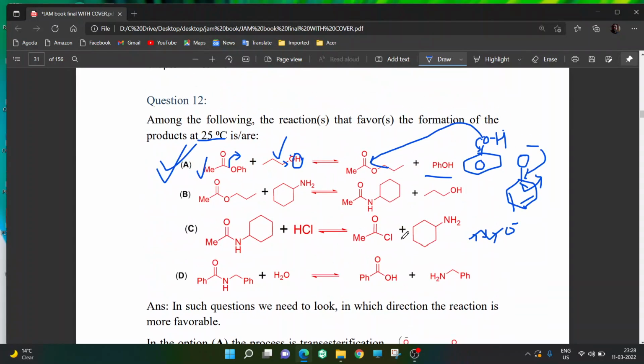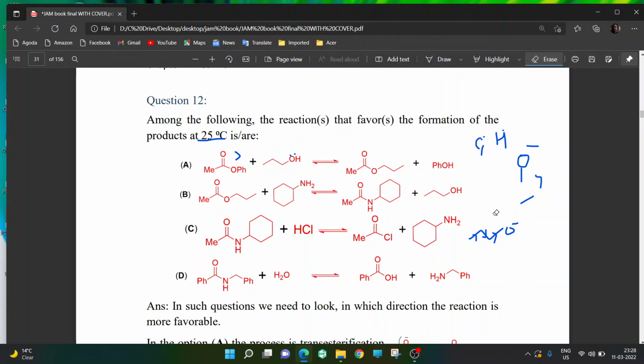Let us see option B. Option B is amide formation from ester, that is the forward reaction, and the backward reaction is forming ester from amide. Cyclohexylamine, because nitrogen is there, is a much more powerful nucleophile. Nitrogen is less electronegative.